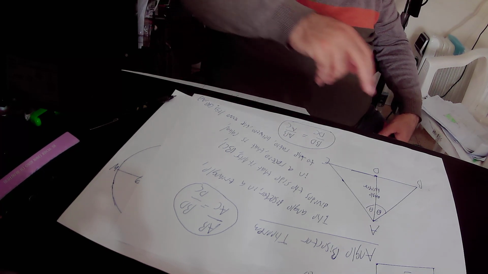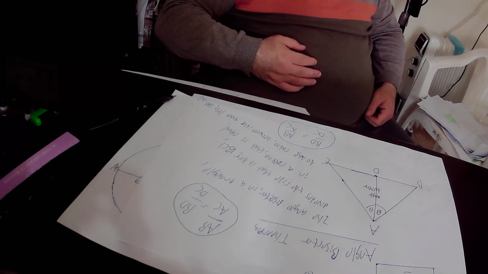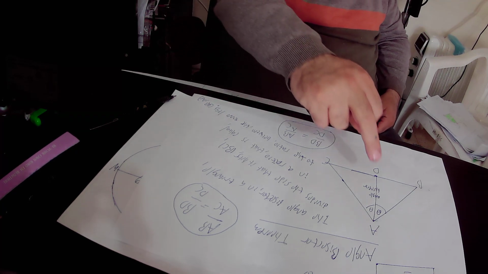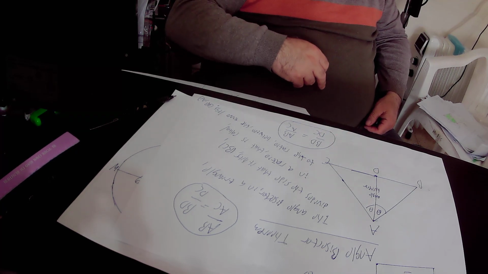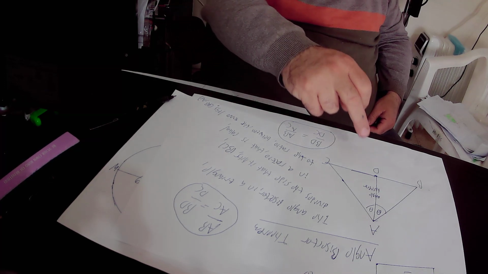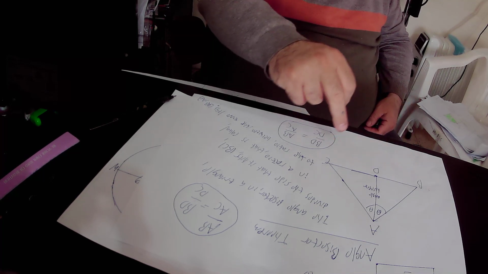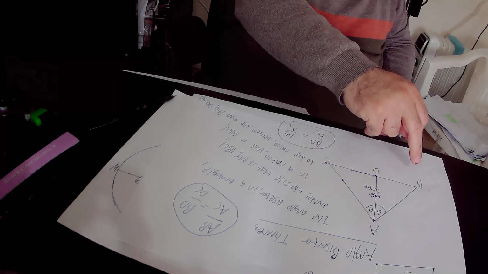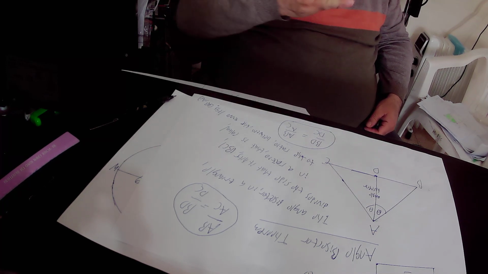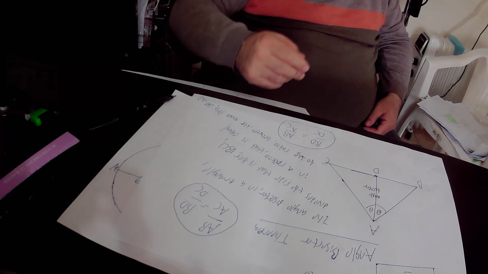In this case, it is angle BAC. So, according to the angle bisector theorem, the angle bisector AD divides side BC into two parts. The first part is BD, the second part is DC. And the ratio between those two parts is BD over DC.